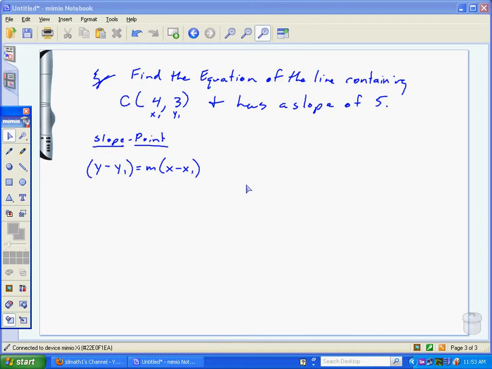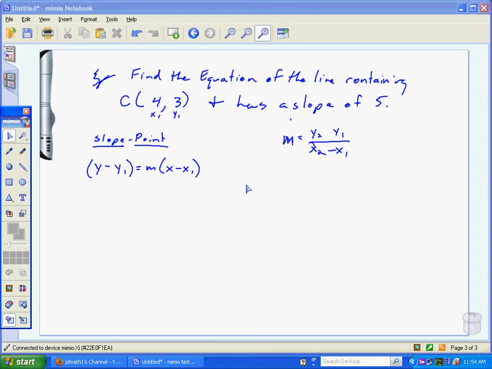You'll find out that we end up using this formula lots, okay? And I'll just show you from the slope formula how this comes about. We've got m equals y2 minus y1 over x2 minus x1. Slope equals y2 minus y1 divided by x2 minus x1. Not very nice, but it's there.